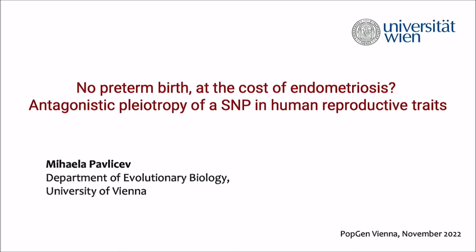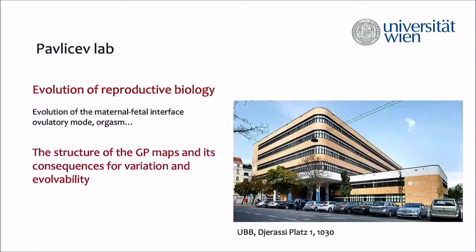So what I'm going to be talking about today is really kind of in between. Even though my general interests, or interests of my lab really, are somewhere between the structure of the genotype-phenotype maps and the more theoretical parts of how genotype-phenotype maps work, for example pleiotropy and epistasis, and what consequences they have for variation and evolvability.